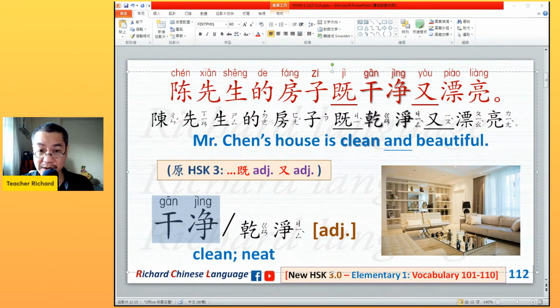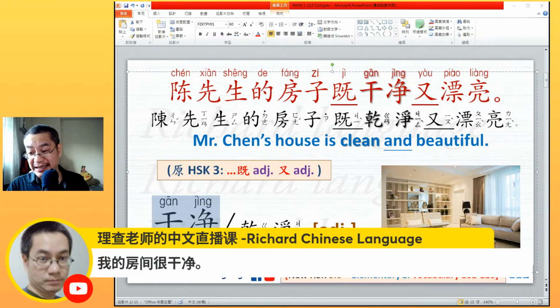So what I'm talking about is my room is neat. 我的房间很干净。Like you see my room. Wow, so clean and tidy and neat. So I can say, 我的房间很干净。My room is neat.